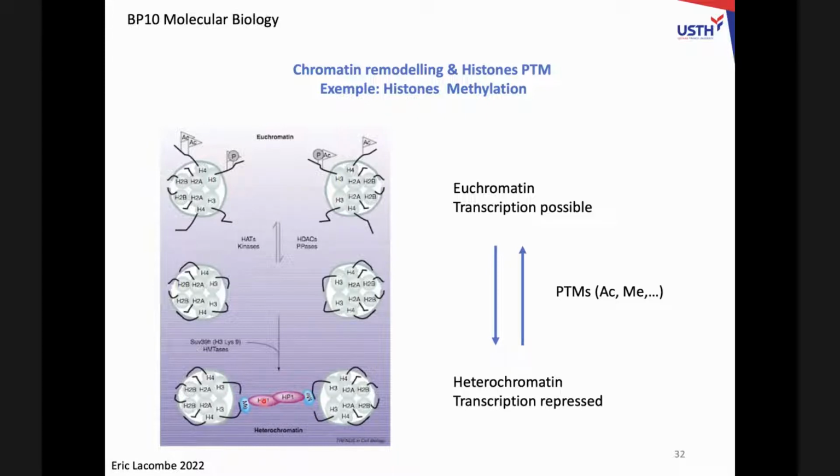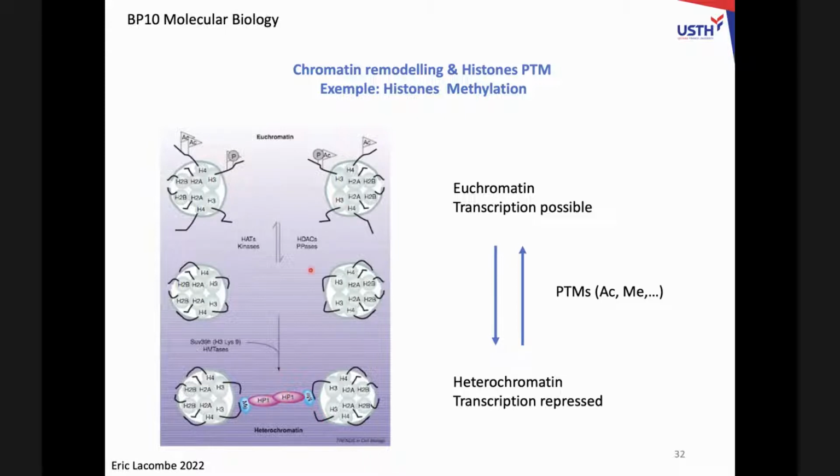In that drawing, we show the interaction between histone H4 when it is methylated and HP1. And one very important property in chromatin dynamics is that HP1 is also able to interact with itself.